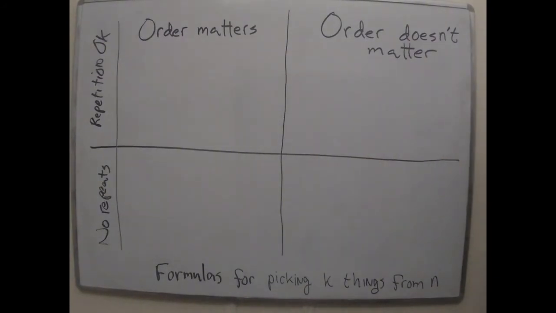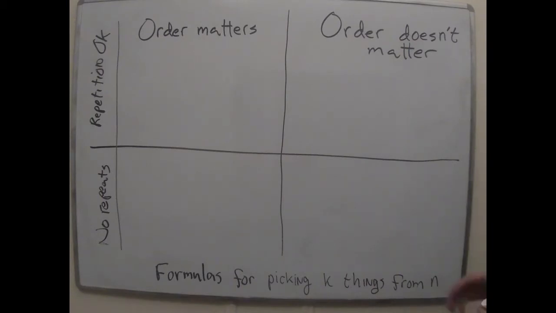I want to have us back up a little bit and see the broad picture of what we've been doing. We're accumulating some ways of counting things, selections from a set, with certain restrictions. The general setup is we're looking for formulas where we're picking k things from a set of size n.